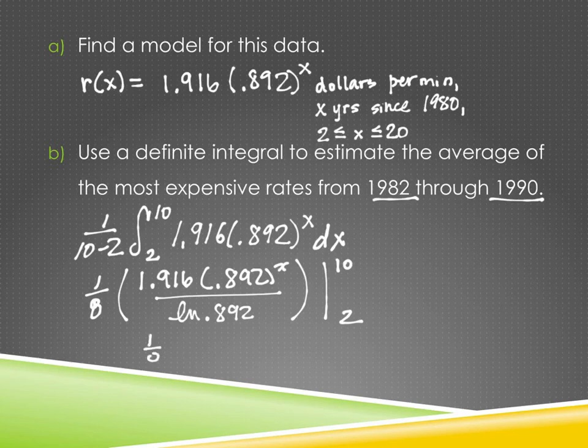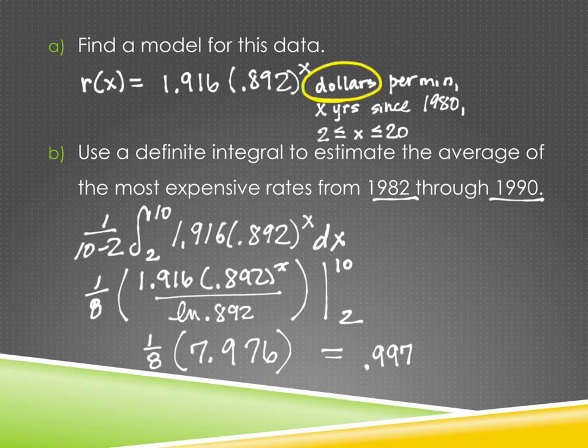I've got that 1/8 in front, but the calculation is 7.976 that it spits out at me. So if I divide that by 8, I get 0.997. That's my 3 decimal number. But my output is supposed to be in dollars.